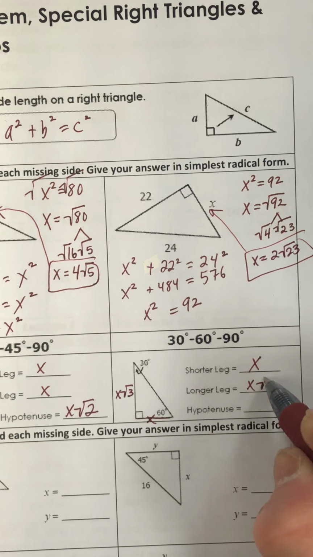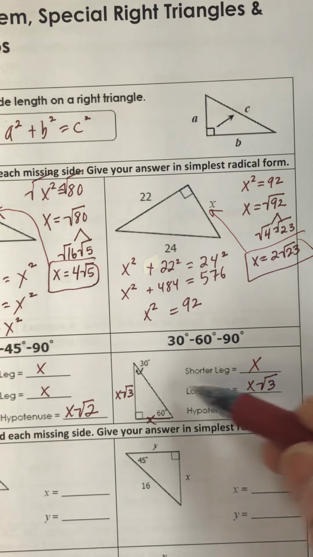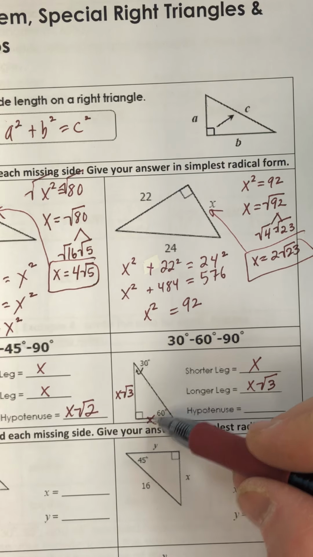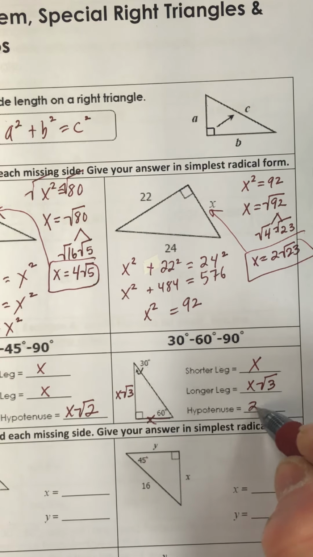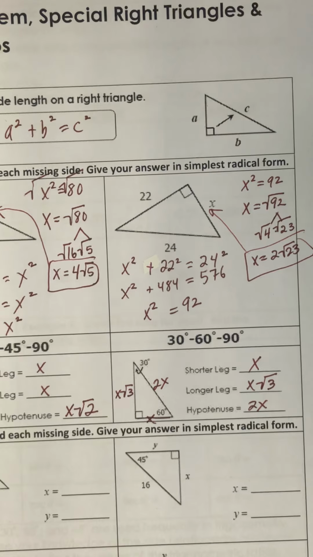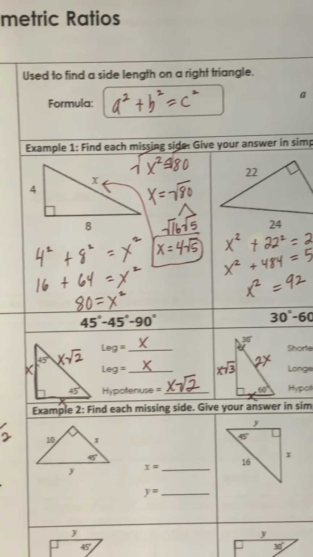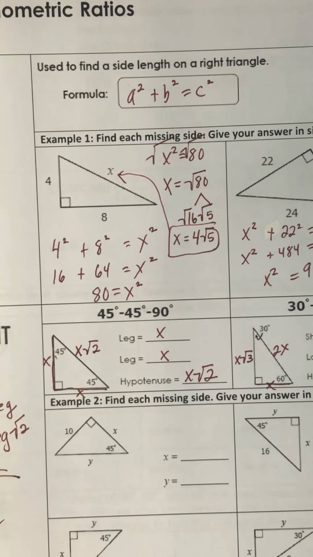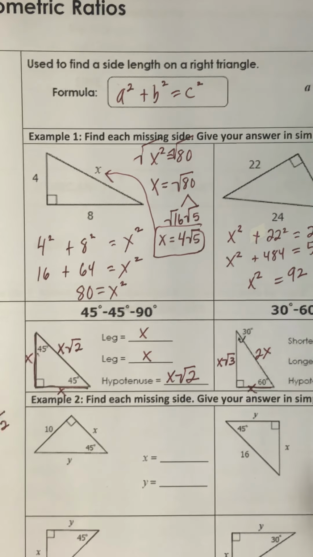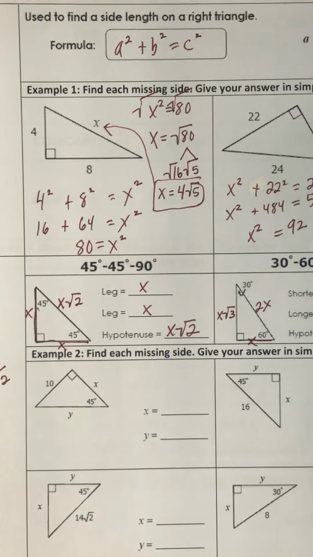So x times the square root of 3. Short leg times square root of 3 would be long leg. Hypotenuse is just double the short leg, so it's 2x. All right, that's how those fit together. So you want to keep that information. You want to refer back to those formulas I gave you on the left-hand side under special right triangles at the bottom as we go through this.